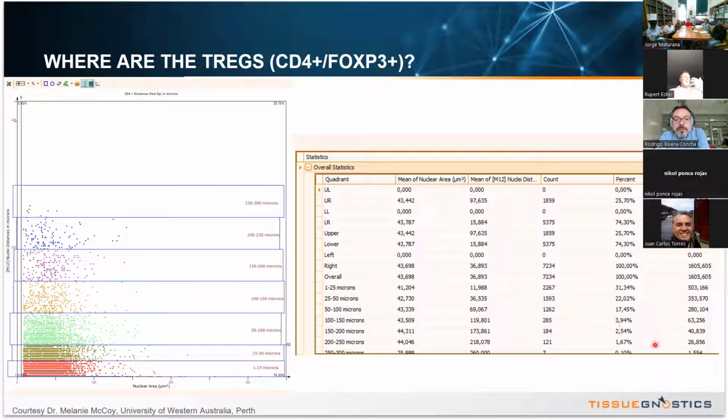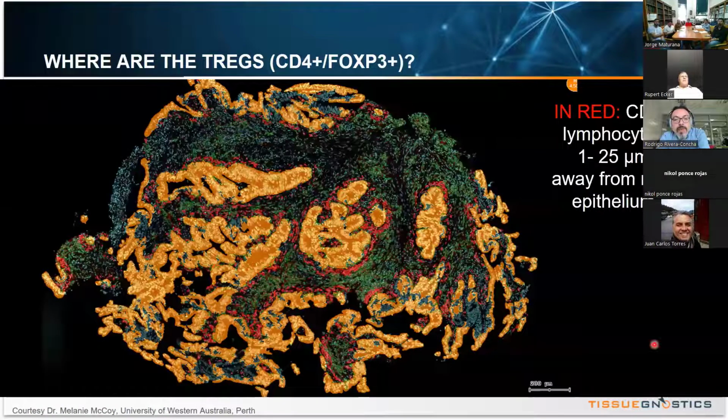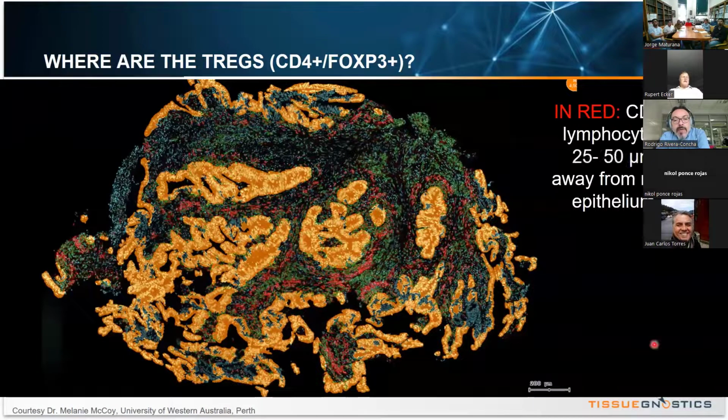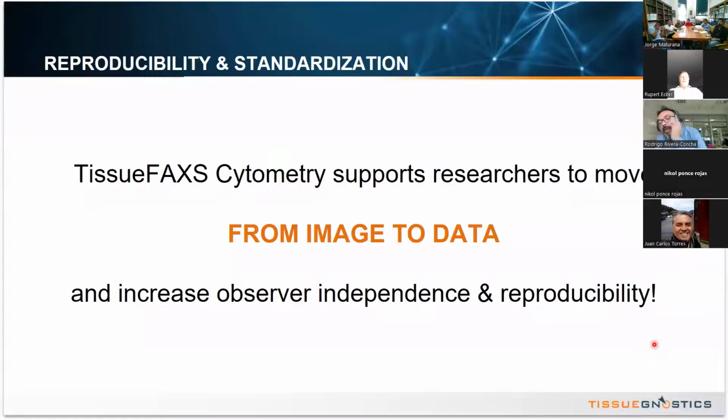So we see clearly that there is not a stochastic distribution, but a targeted invasion of tissue infiltrating leukocytes targeted on the tumor. And this type of analysis can be done in an observer-independent and reproducible way based on the analysis of single cells in situ.